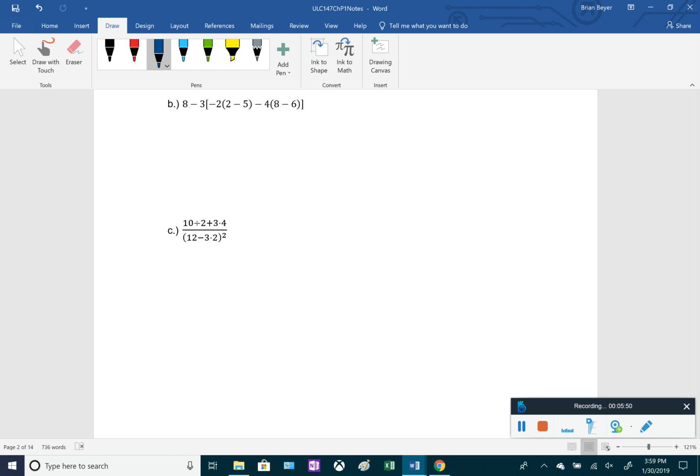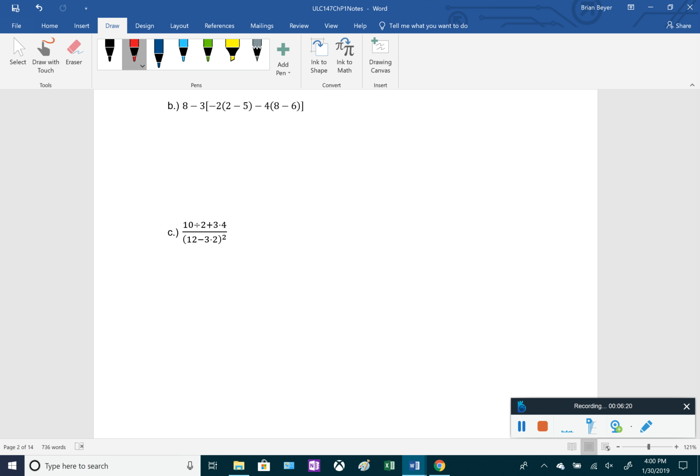Next, for B, we have 8 minus 3, and then we see brackets and parentheses. So brackets are just the same thing as parentheses. We just tend to use them if we have more than one set of parentheses. So we have 8 minus 3, and then times negative 2 times 2 minus 5 minus 4 times 8 minus 6. So parentheses first. So we go to the bracket. We want to evaluate what's inside the bracket first. There's parentheses inside there.